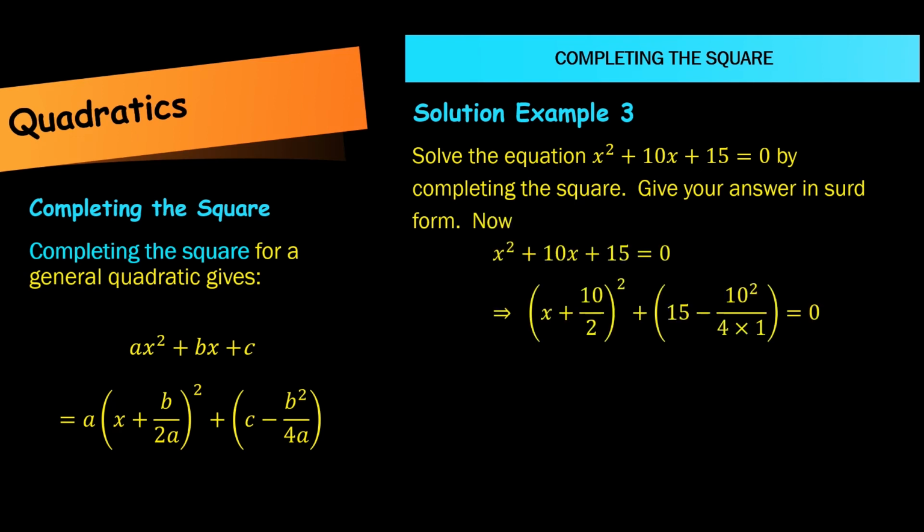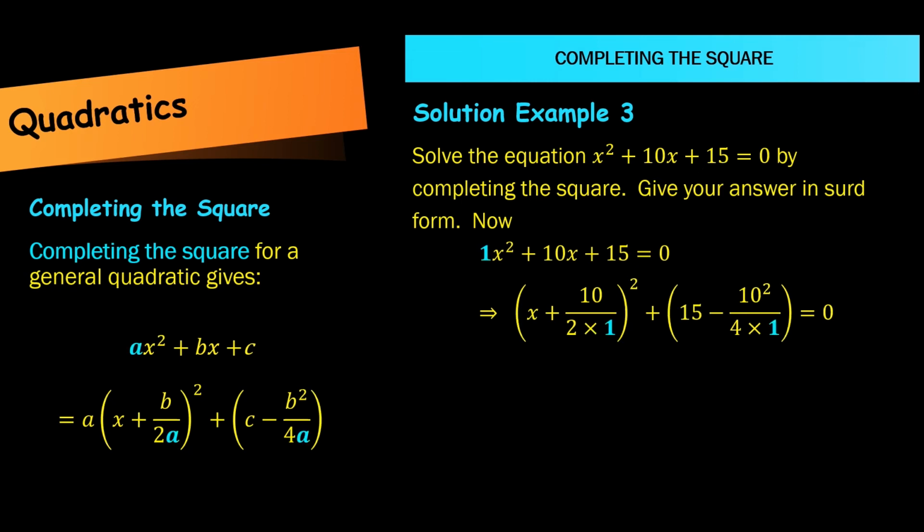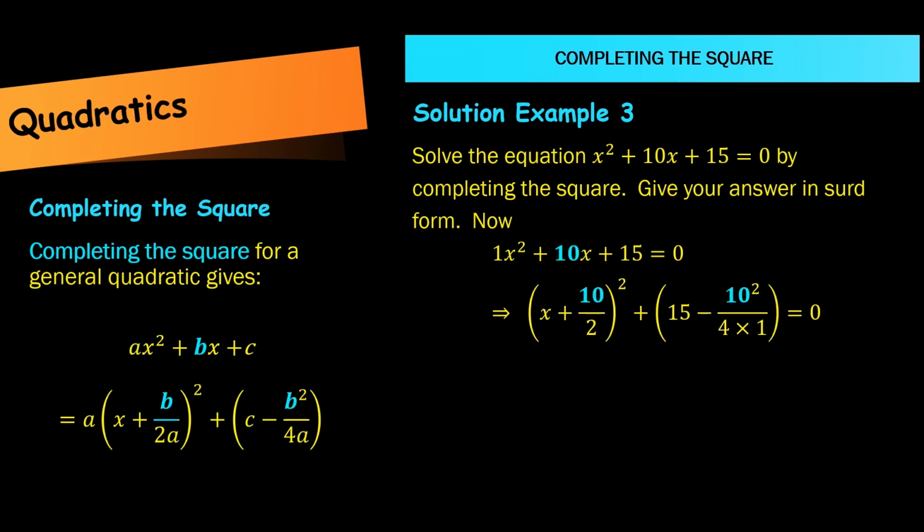We're going to express our quadratic in the form shown by using the formula. So we plug in a equals 1 in the formula as shown, and b equals 10 as shown, and c equals 15. The 2 and the 4 are part of the formula, so they stay as they are.